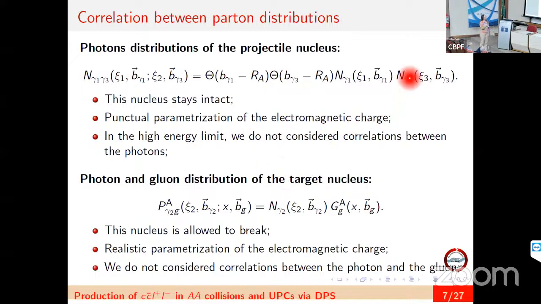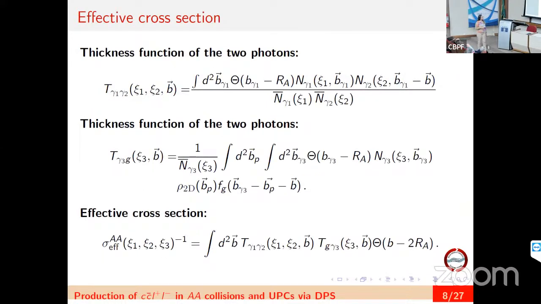Then take the photon 3 with the gluon distribution, just with the dependence on the impact parameter, because we are going to assume they factorize here too. And also integrate over the impact parameter of the photon. So let me just divide it by the total flux of photons here and here.